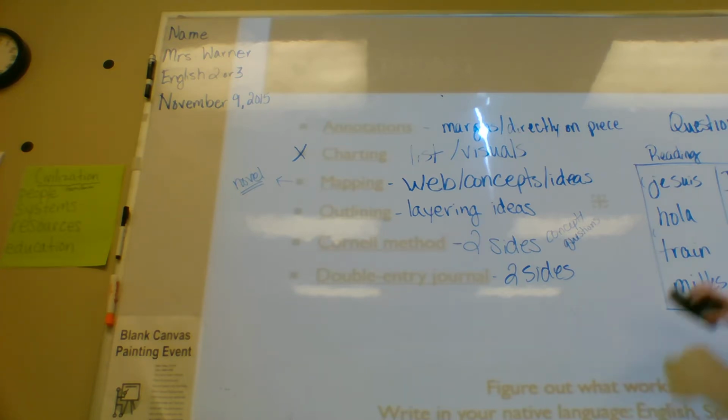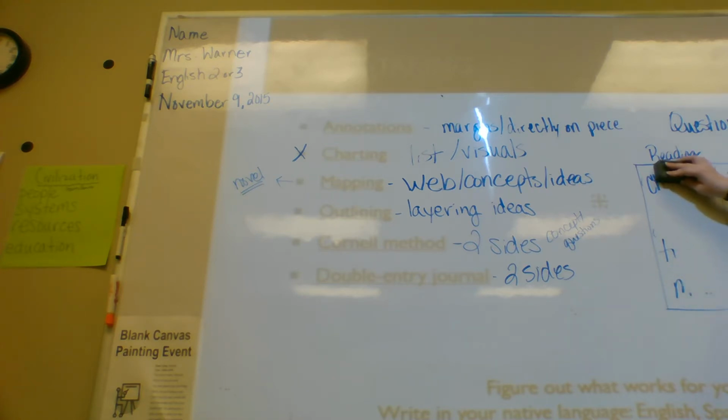Okay, so you could use this, like I did, for specific vocabulary. With writing, you could also use this. You could have a character over here, and then you could have a lot of details about that character over here. I use this a lot when I have students doing two different things.